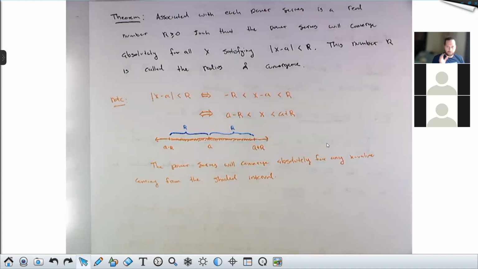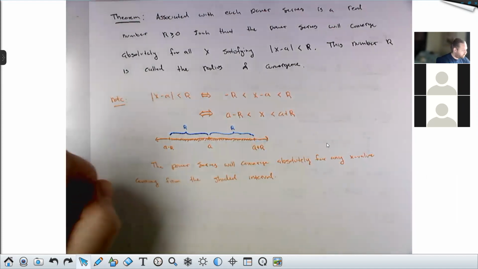Let's look at a quick example. There was one like this that you guys had in your homework way back in section 11.2.